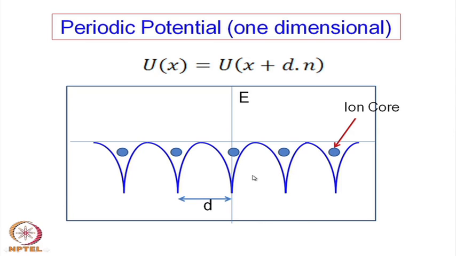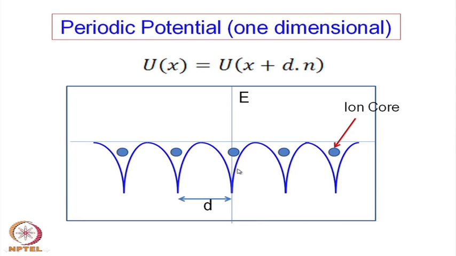So, at any point at a distance d multiplied by an integer n, the number of lattice sites, it is a kind of multiplier, and d is the distance between two consecutive, neighboring lattice sites. If that be so, then whatever is the value of U here, it will be exactly the same there, sorry, here.